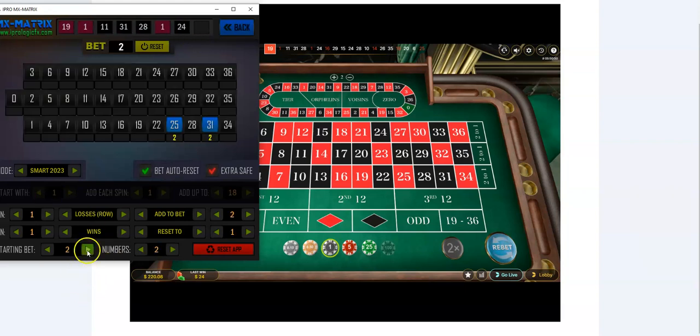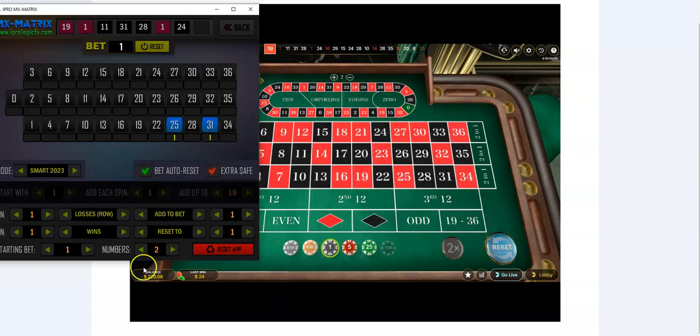I am going to switch this over to $1 or 1 unit as my base bets. If I have a miss, I'm going to increase by 1. If you happen to get two numbers in the same block of 6, like 25 and 30, I just free spin and get a new number.